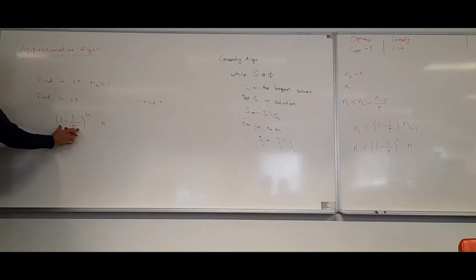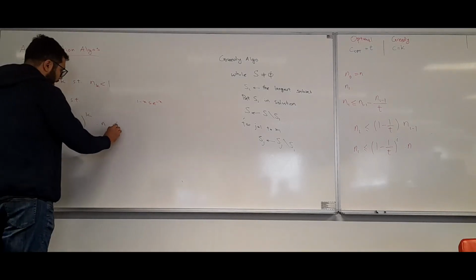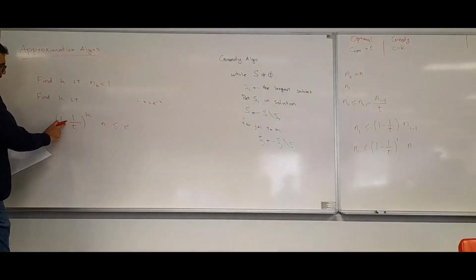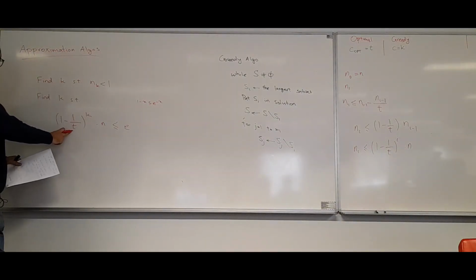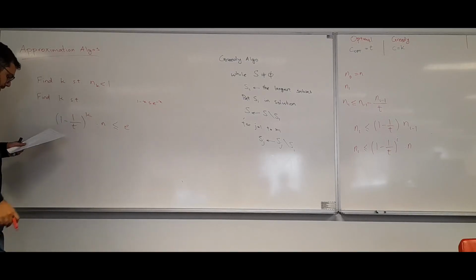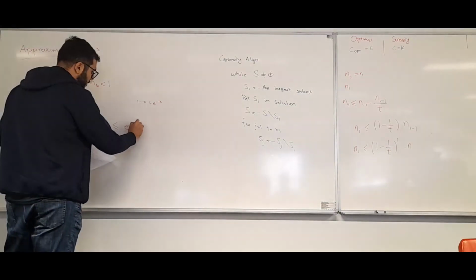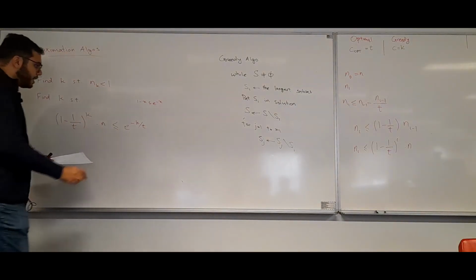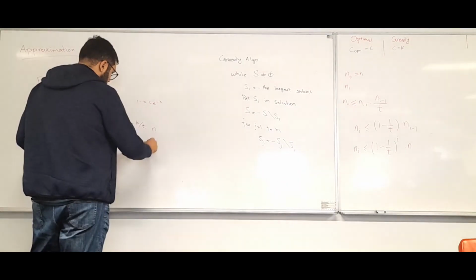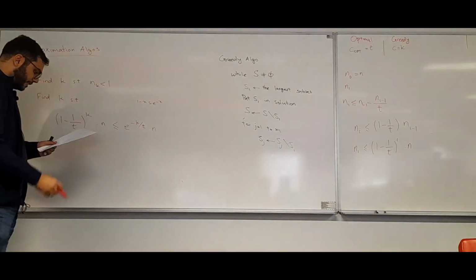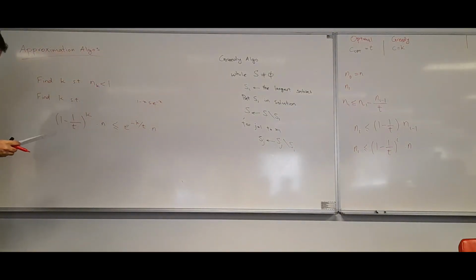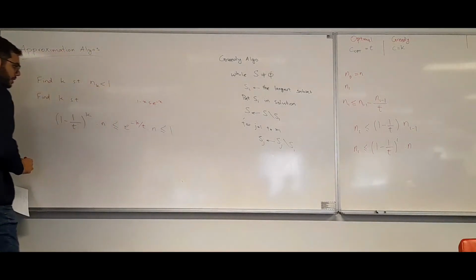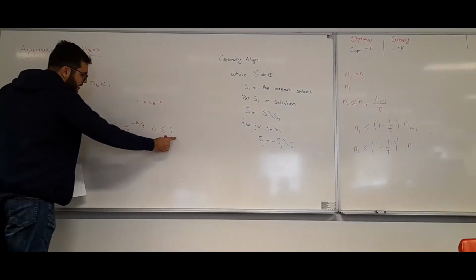Here I have 1 minus 1 over t, so I can just say this is at most e to the power of minus 1 over t. But then I'm also raising it to the power of k, so it's e to the power of minus k over t, times n. And I want this thing to be less than or equal to 1.